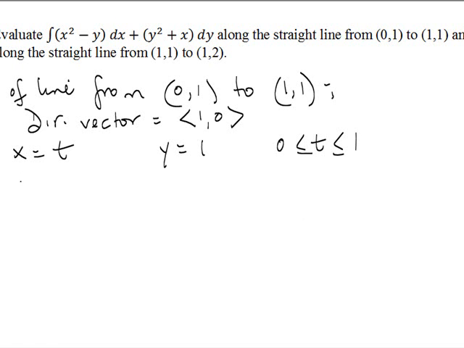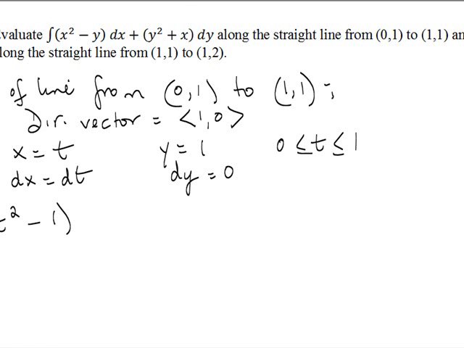Let's do the derivatives. So dx is dt, dy is 0, right? So let's do that substitution right now, and then we'll deal with the other line, and then we'll just add the two. So the integral becomes 0 to 1. What do we have? x squared, which is t squared, minus y, which is 1. dx is dt.